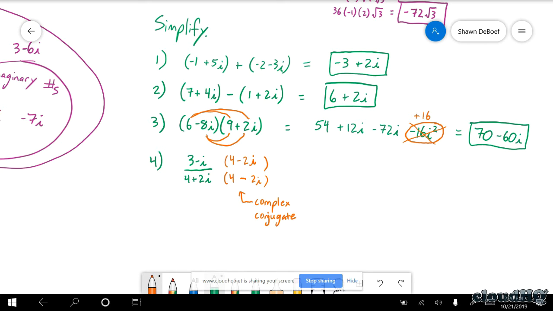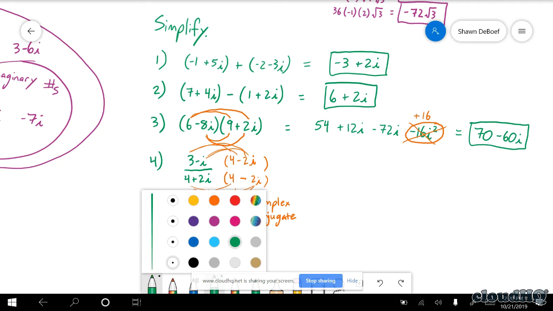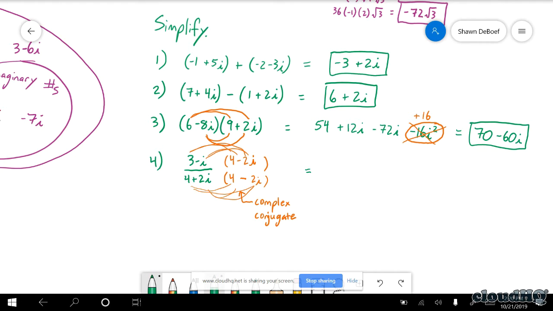So now it becomes a FOIL problem again, or distributing problem, both in the top and the bottom. So it's 2 of them in one. So in the top, 12 minus 6i minus 4i plus 2i squared.